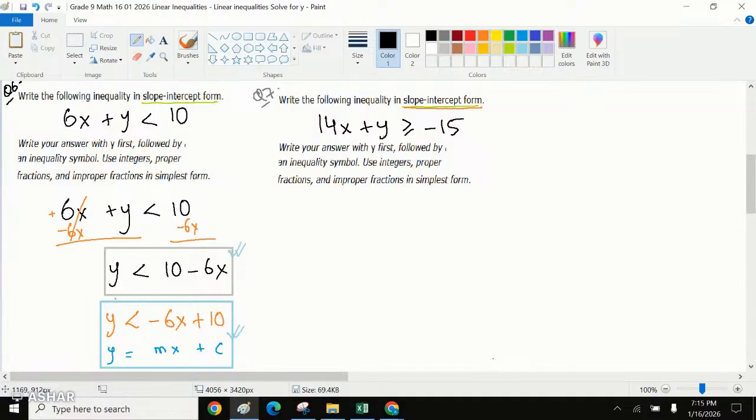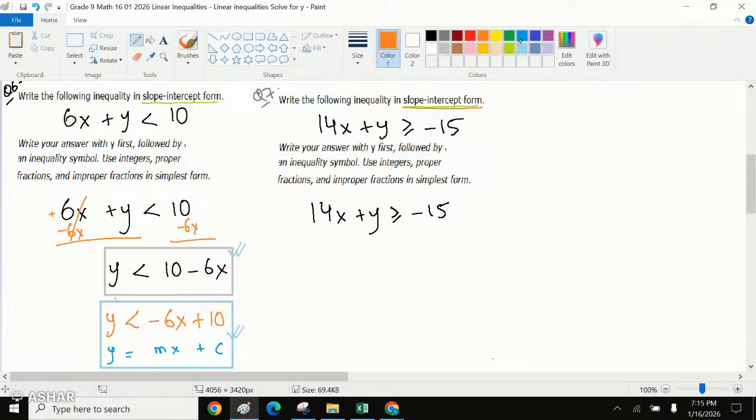How can we solve this? We know that we need to isolate the value of y on one of the sides. So can we keep the y and take all the remaining variables to the other side? We can say 14x plus y was greater than or equal to negative 15.